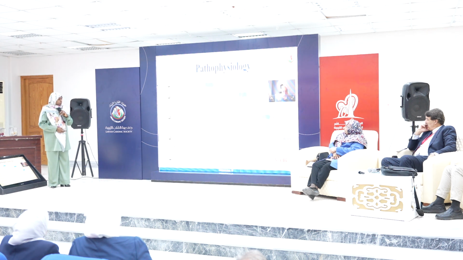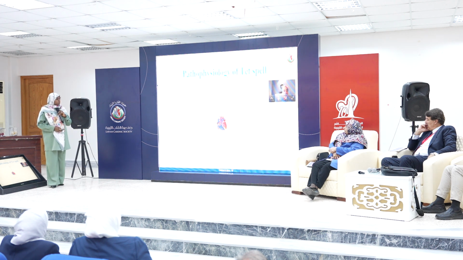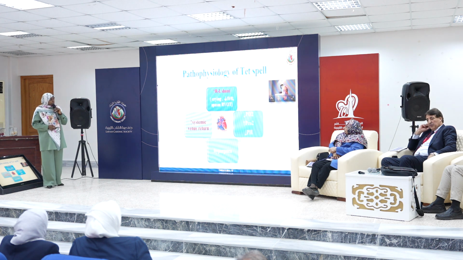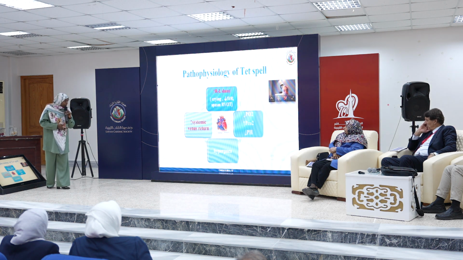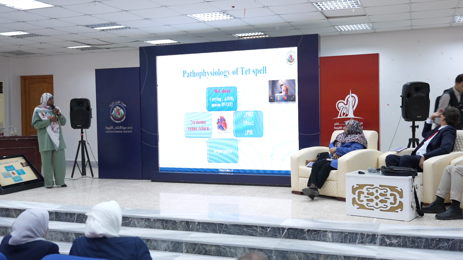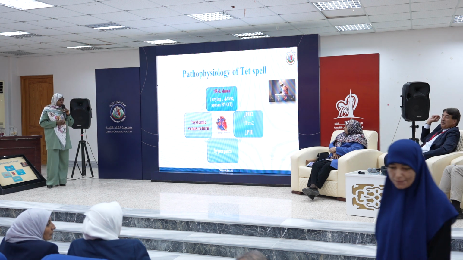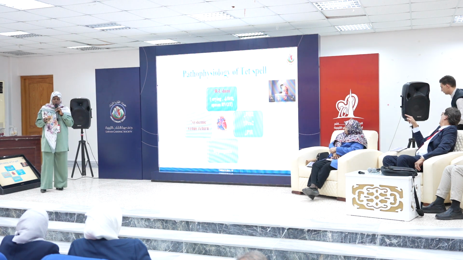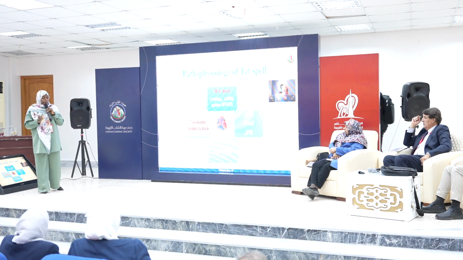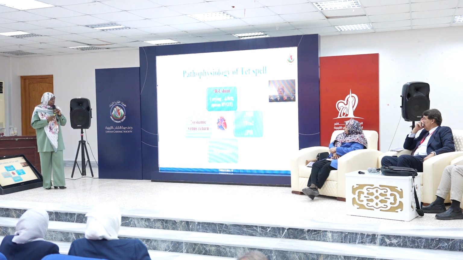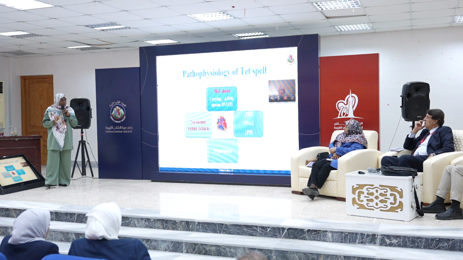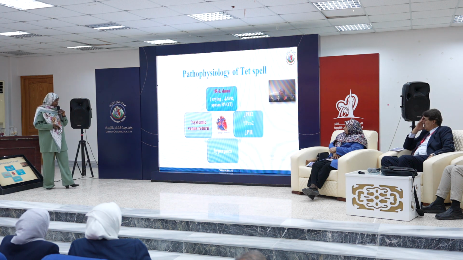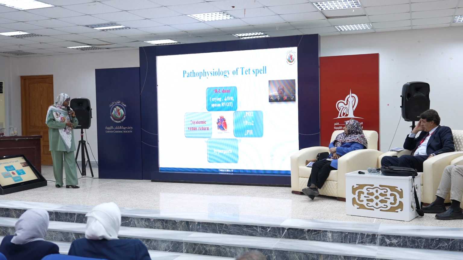Pathophysiology: increasing right ventricular pressure may be due to spasm of the right ventricular outflow, due to many reasons. Sometimes there is a decrease in systemic venous return, leading to hypoxia, hypercapnia, and metabolic acidosis, and this will lead to increased systemic pressure.